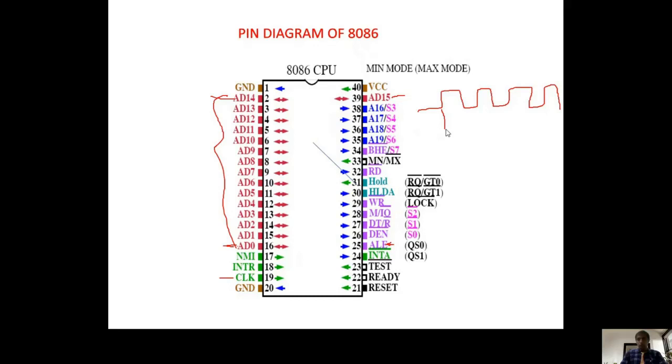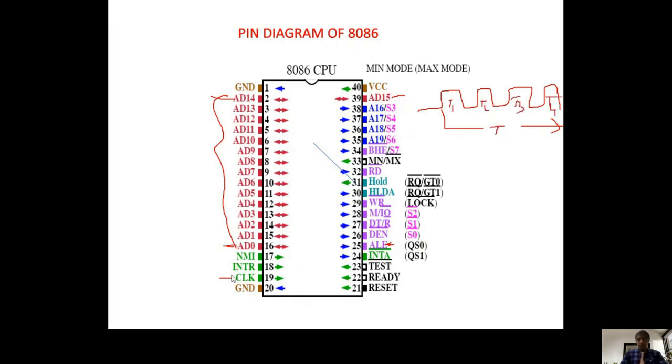Put together we call it 1 clock time. Similarly, T2, and like that it will go up to T4, then T1, T2 again. Like that, we have 4 time intervals. Now this is called a clock time period.